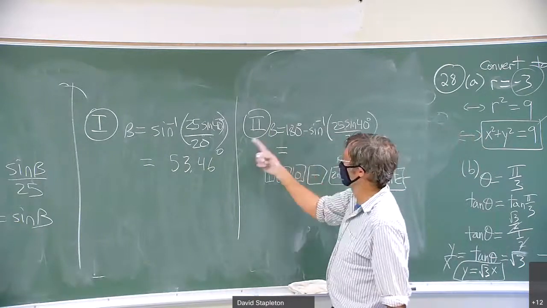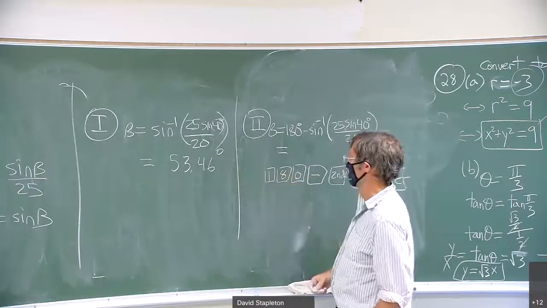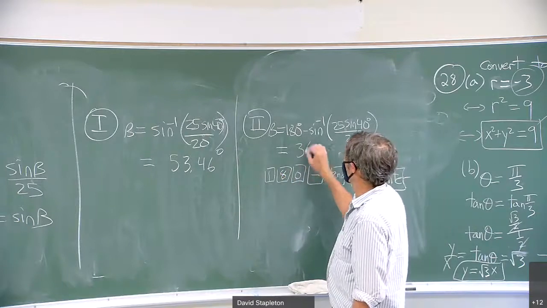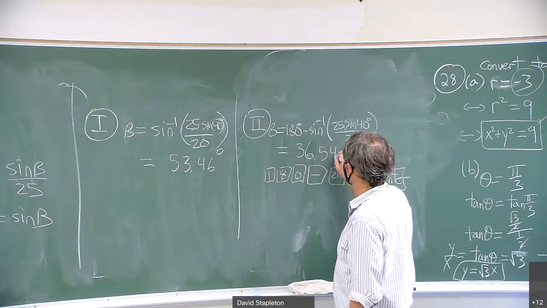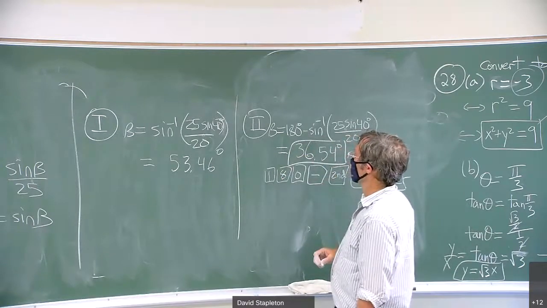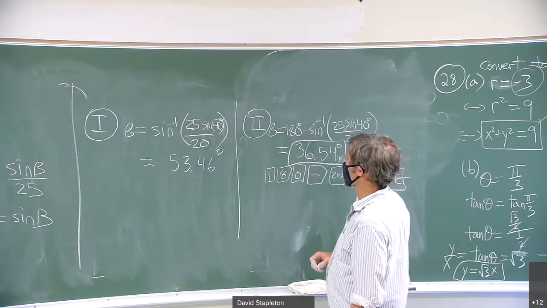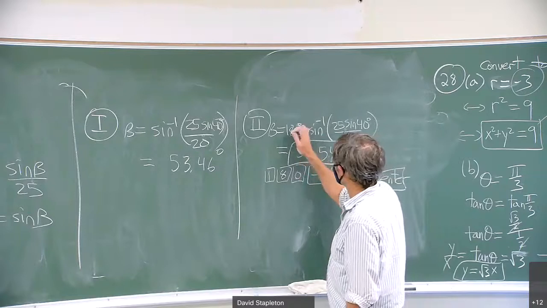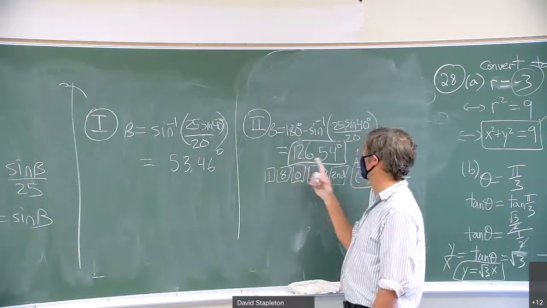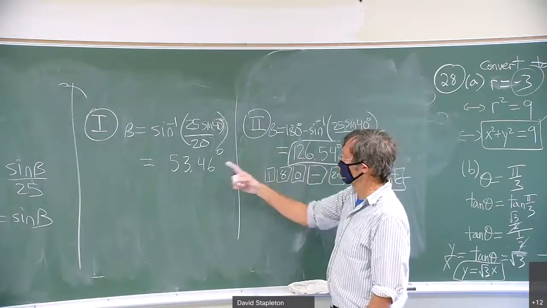If I take 180 minus 53.46, let's see, I got 36.54 looks like, if I subtract in my head. Not 36, 136. No, 126. Oh, golly. Sorry. That's why you use the calculator sometimes. 126.54 is 180 minus this one.